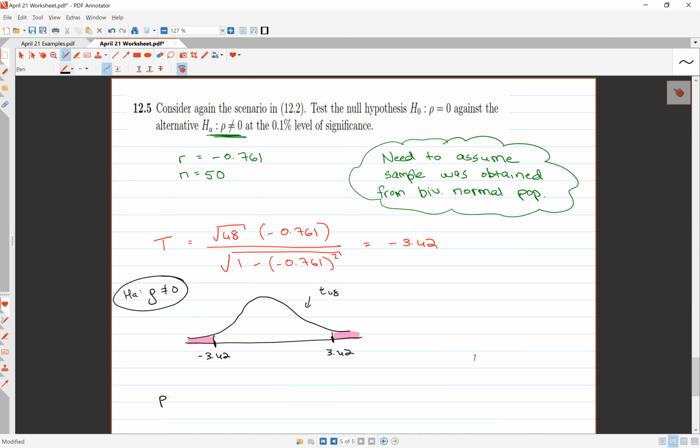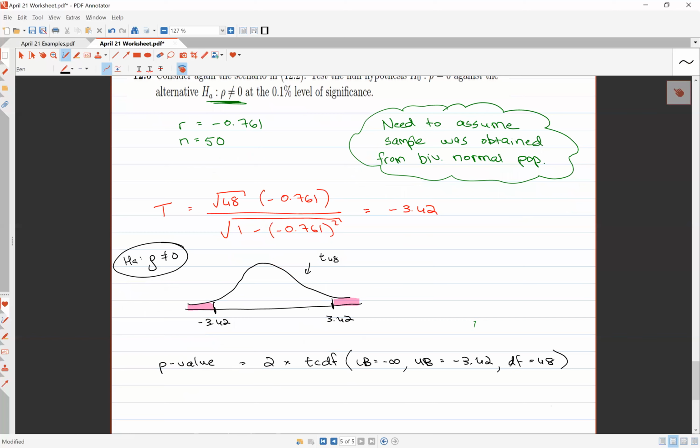And so the p-value in this case, we can, for example, calculate it as 2 times just evaluating one of the tails, so lower bound negative infinity, upper bound negative 3.42, and 48 degrees of freedom. And if you do that here, you're going to get a p-value of 0.0012. Now that's a pretty small p-value.